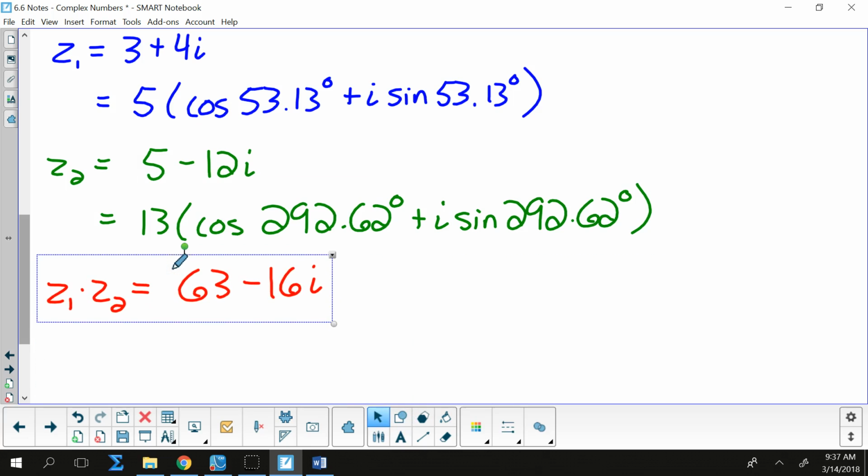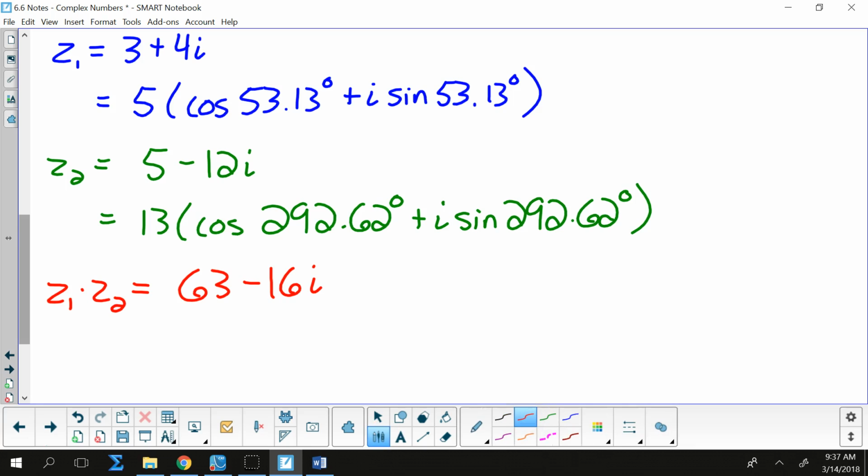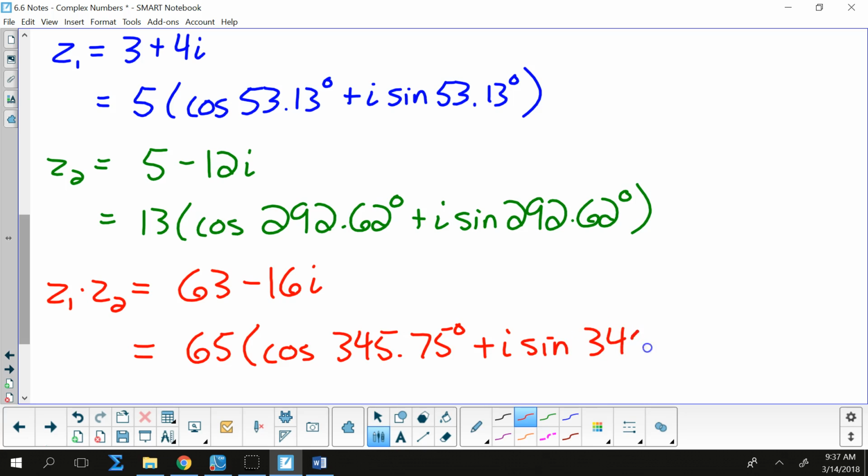Red folk, what do we got? 65 times cosine of 345.75 degrees plus i sine 345.75 degrees. Yeah, like it. Okay? So everybody else, make sure that you write down the two that you didn't have.